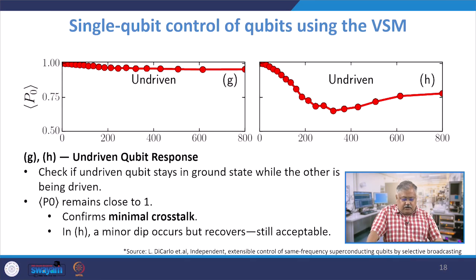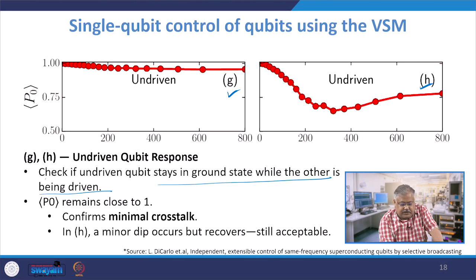Now, if you look at the undriven qubit response, for example in this figure and this figure, it stays in the ground state while the other is being driven, so P0 remains close to 1.